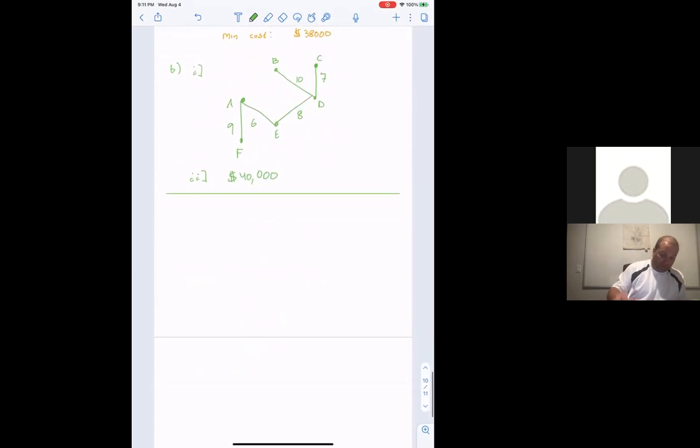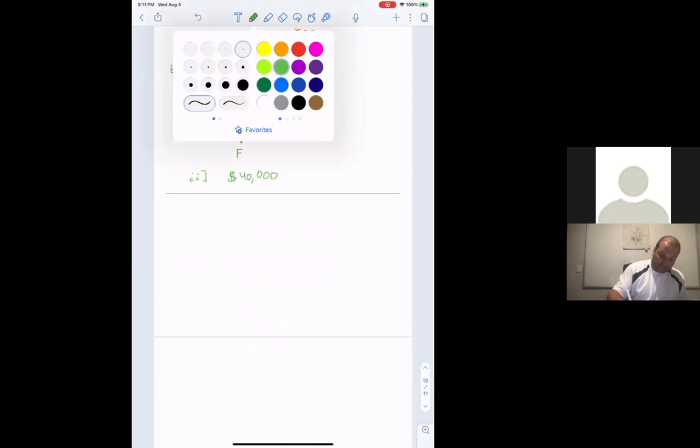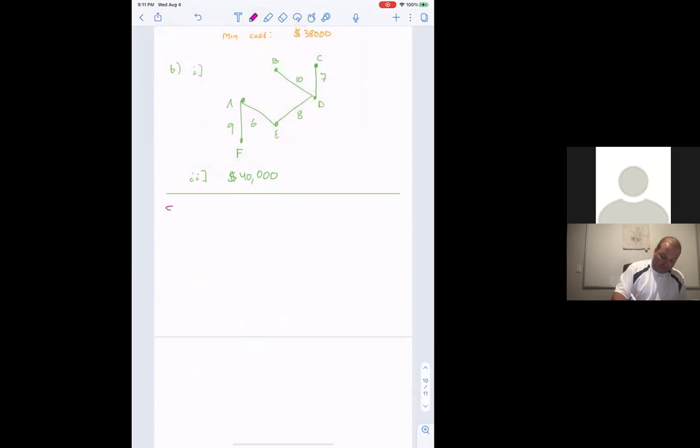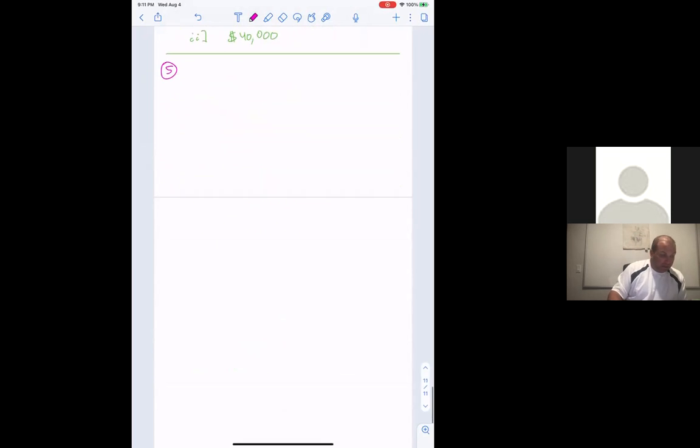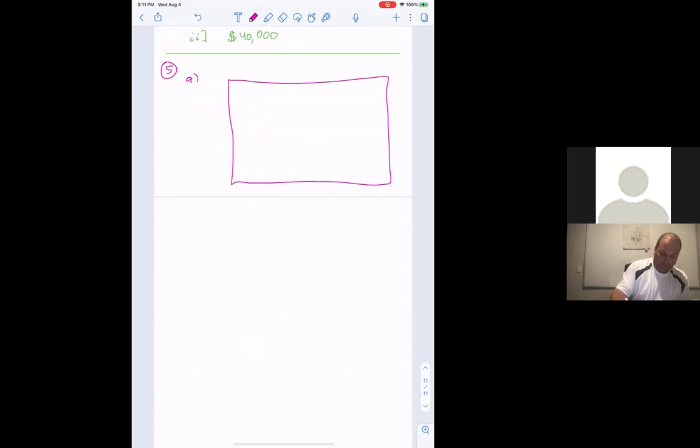Okay, question number 5. It says, use Prim's algorithm to find the minimum spanning tree for the following tables. So this is like the one we did earlier.